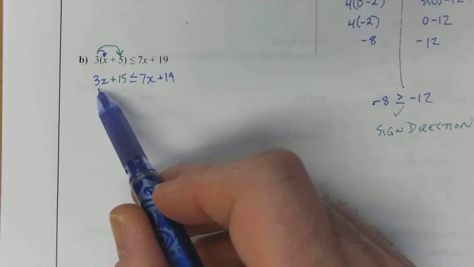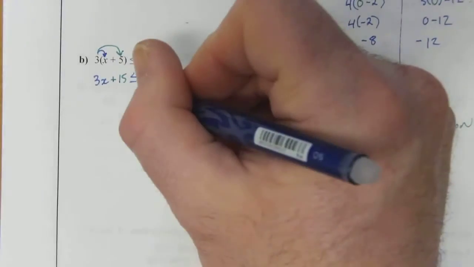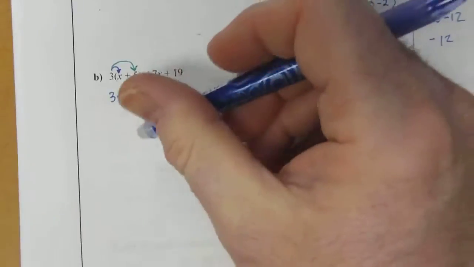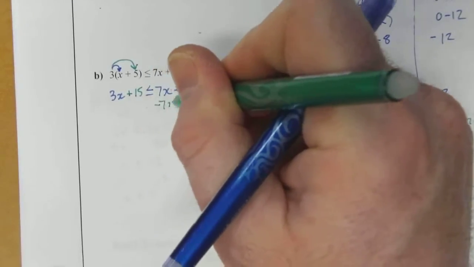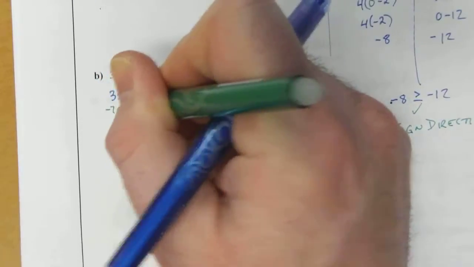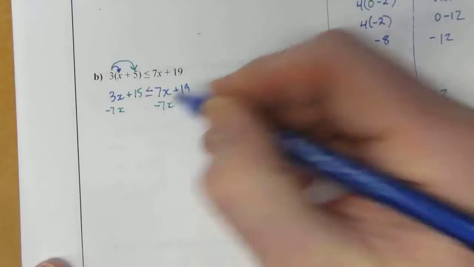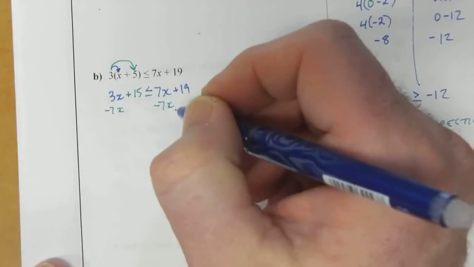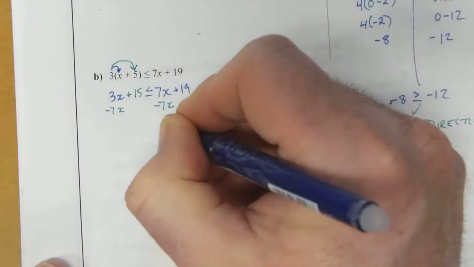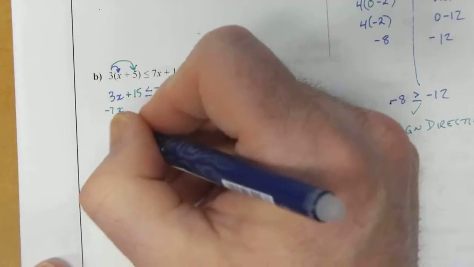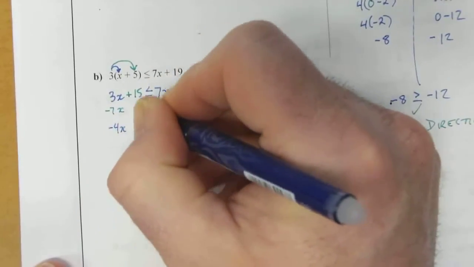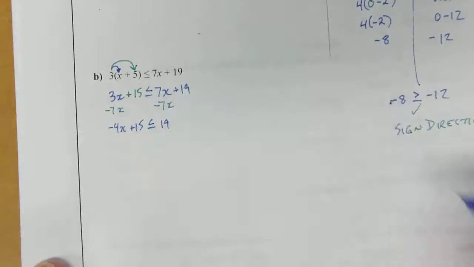Now, we want the variables on the left, so I'm going to subtract 7x from both sides. So subtract 7x from this side, subtract 7x from this side. Those cancel out on the right, leaving you with just 19. And on the left, 3x minus 7x is negative 4x, and that constant still stays.